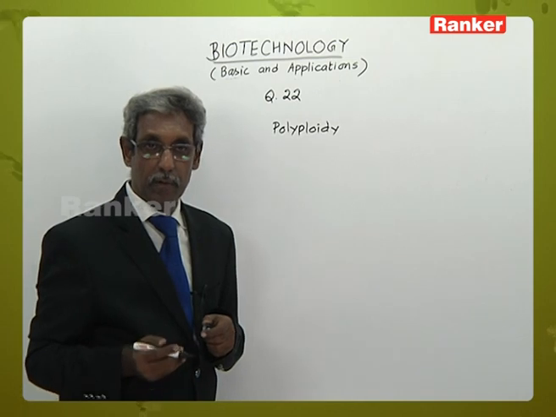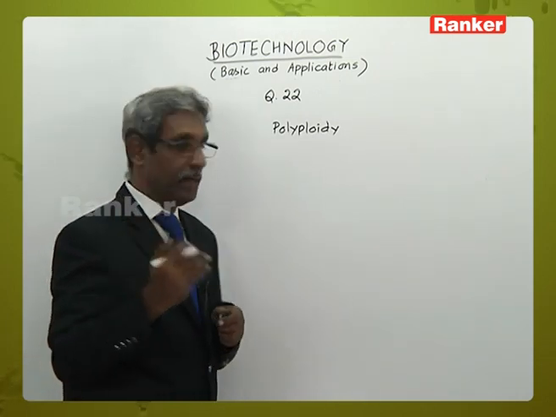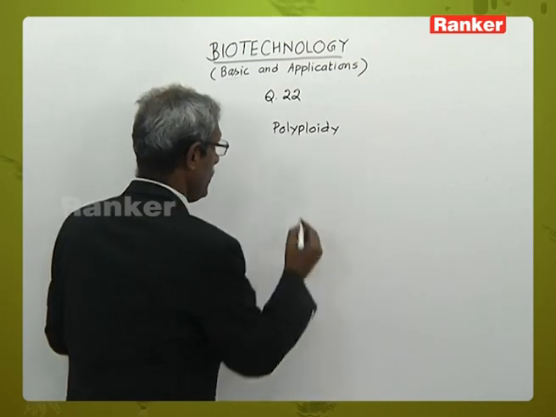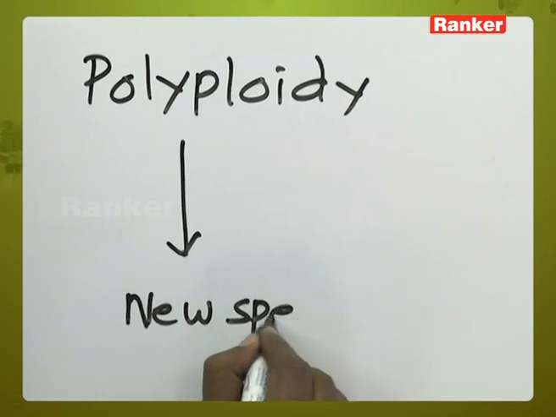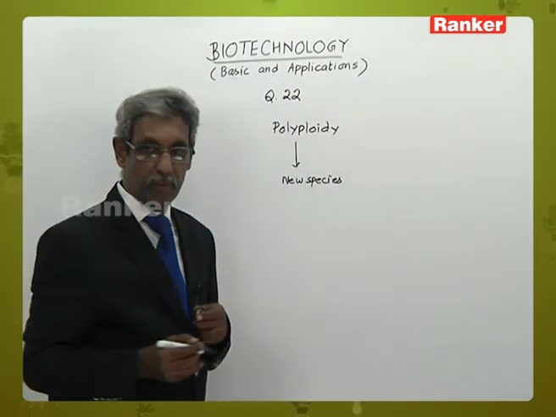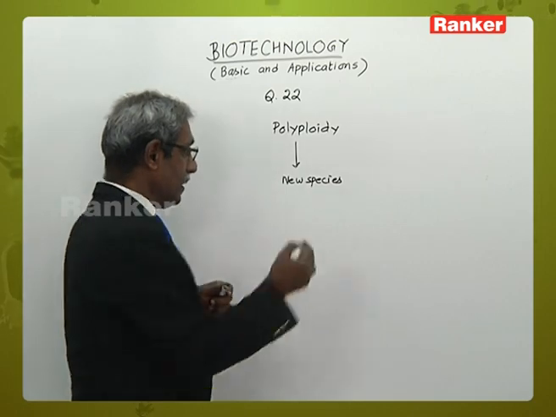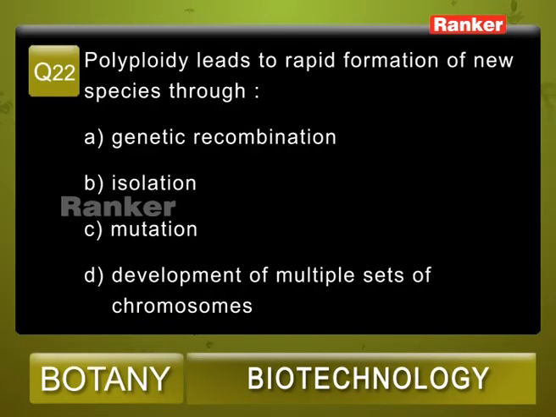Polyploidy refers to an increase in chromosome sets, and it leads to the rapid formation of a new species. The reason why we have new species, the choices are: is it due to genetic recombination? Polyploidy does not lead to genetic recombination. Polyploidy does not lead to choice B, which is isolation. Isolation is when we have a rare line. C, polyploidy does not lead to mutation because there is no change in the number, kind, and sequence of the nucleotides or at the chromosome level.